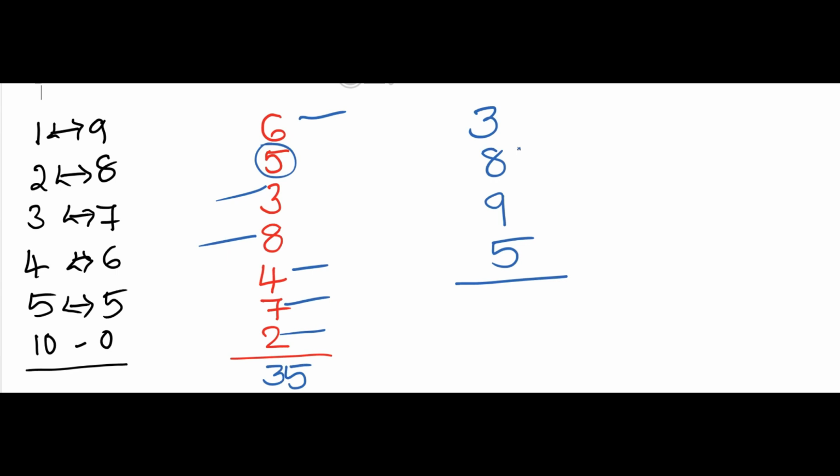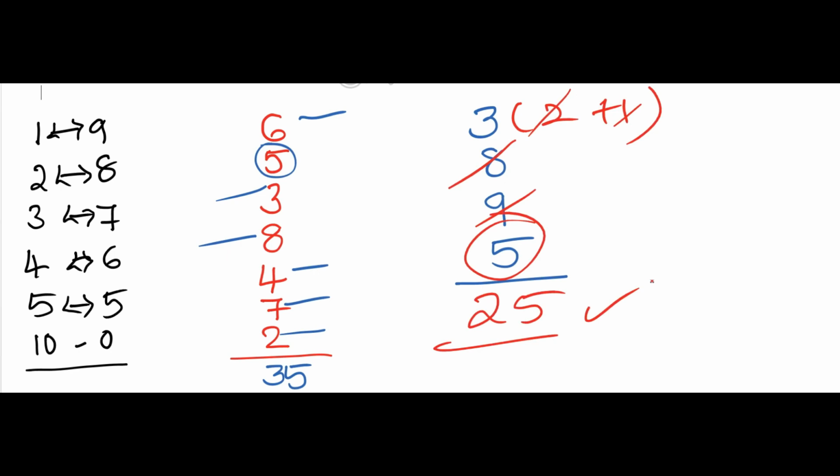You may say, sir, there are no friends at all, how can you solve in 5 seconds? If there are no friends, make friends so that you can solve the question in seconds. So what we have to do? I know 3 is 2 plus 1. I give 2 to 8, 10. 1 to 9, 20. What is remaining? 5. 25 in just seconds.